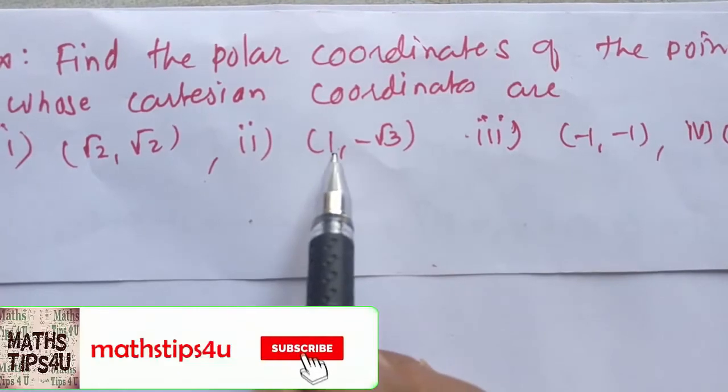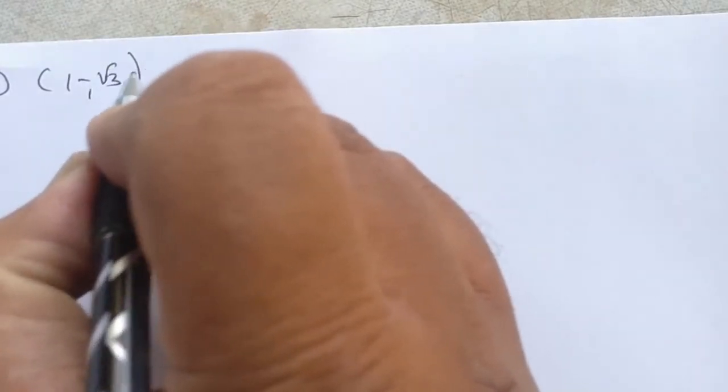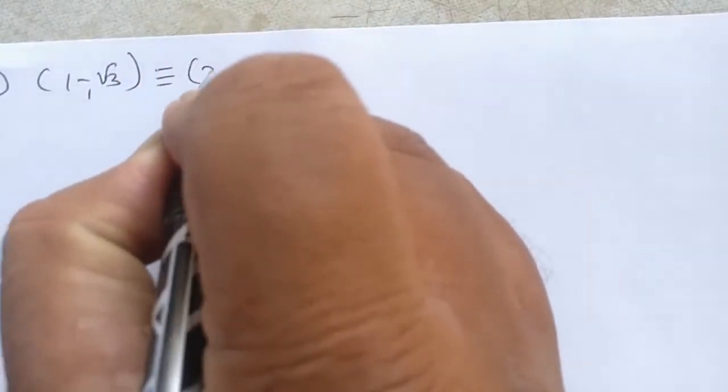Example number 2: 1, minus root 3. It is the Cartesian coordinate. Therefore, comparing with x, y: x is equal to 1, y is equal to minus root 3.